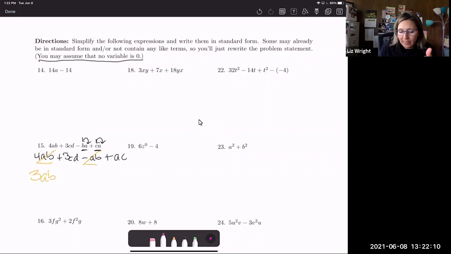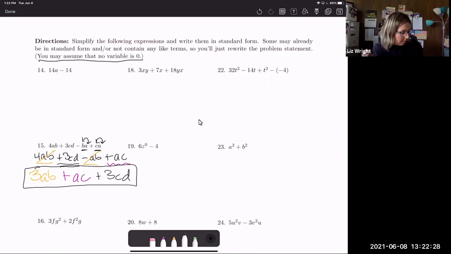The next one alphabetically would be this one with the a in it. So I'm going to write plus ac. And then the last one is this one by itself. So we've got plus 3cd. And that's as far as we can take it. We can't combine anything more.